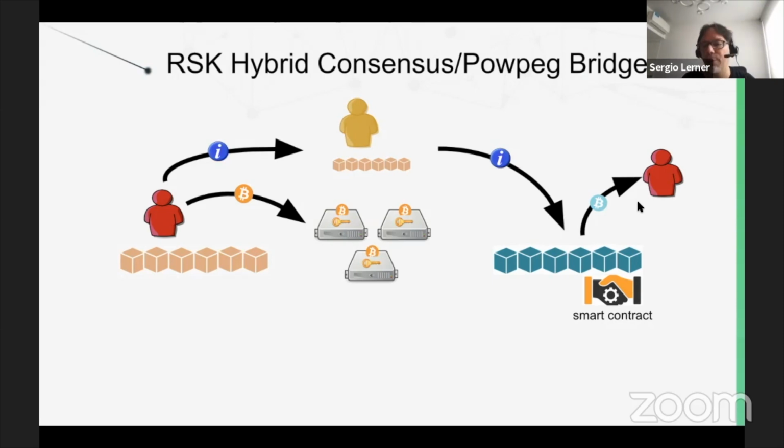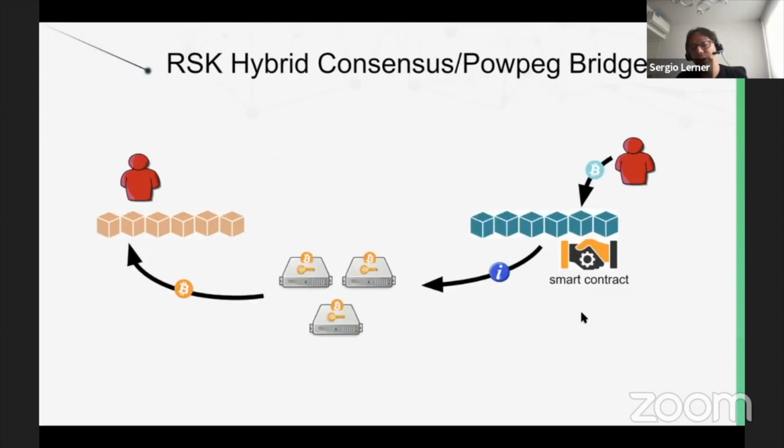So the peg-in process is fully decentralized. Even if it's fully decentralized, you don't need to do this yourself, because the pegnatories, which are the functionaries that hold each one of these boxes, will inform the Rootstock blockchain for you. So you don't have to do this, but eventually you can do this by yourself.